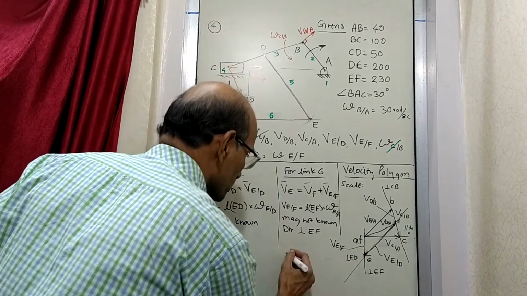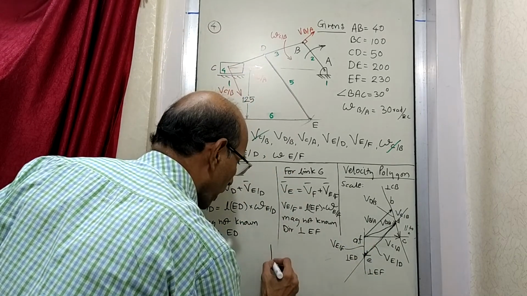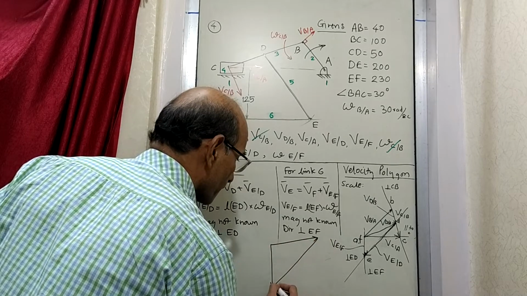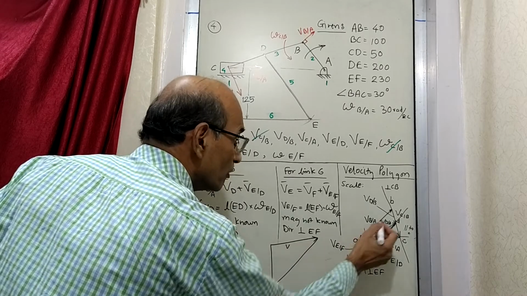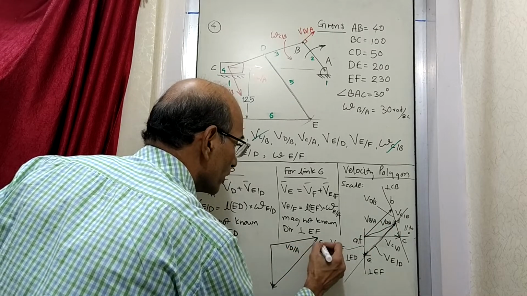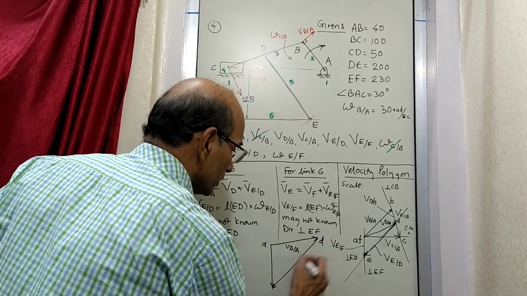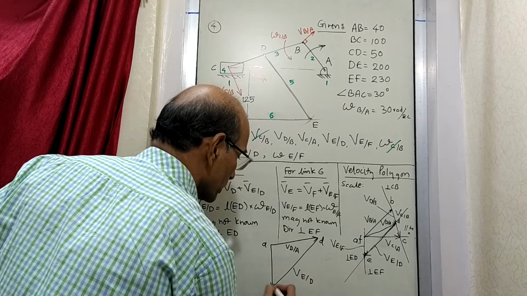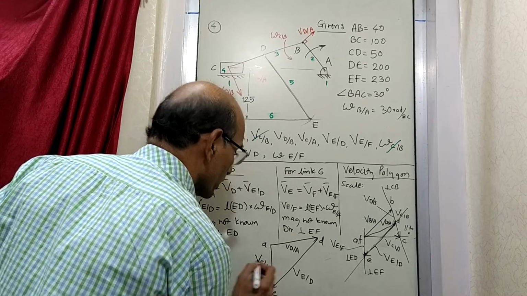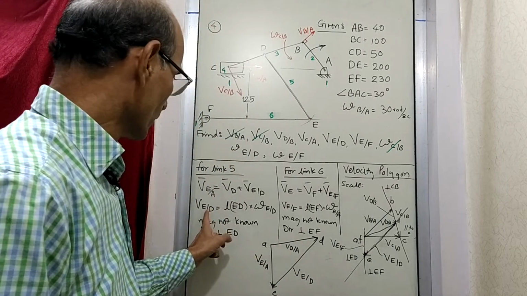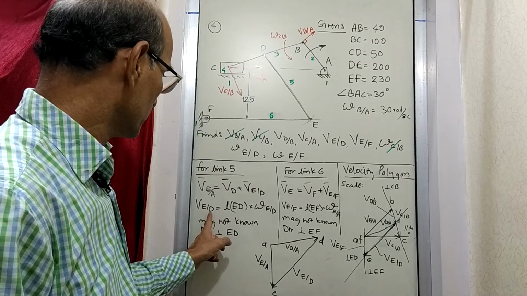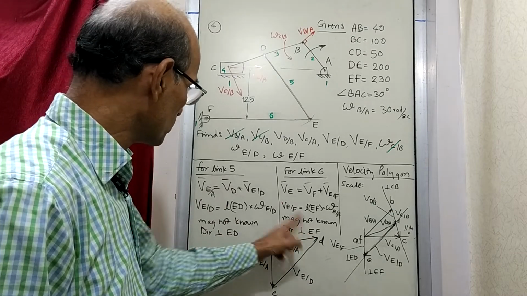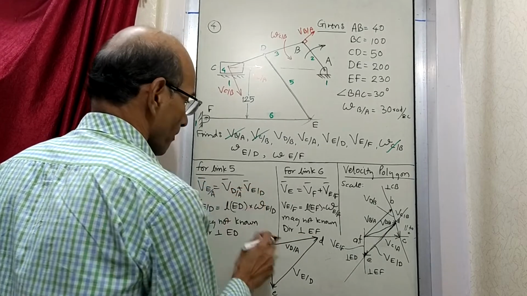So I will just draw this much part, like a magnified part. So this is velocity of D with respect to A, where this is D, this is A, and this is velocity of E with respect to D, such that this is point E, and this is velocity of E with respect to A, or F. So this vector is equal to this vector plus this vector.